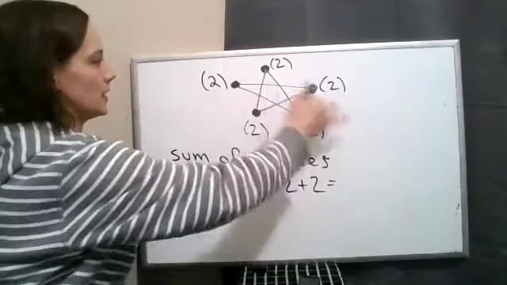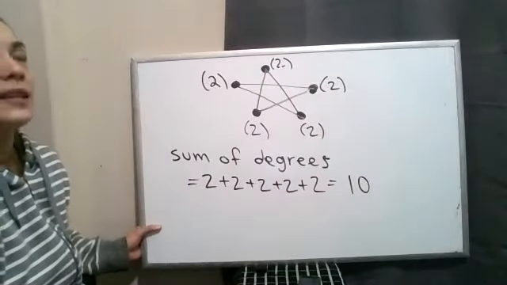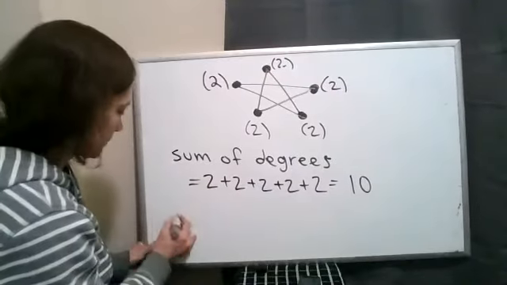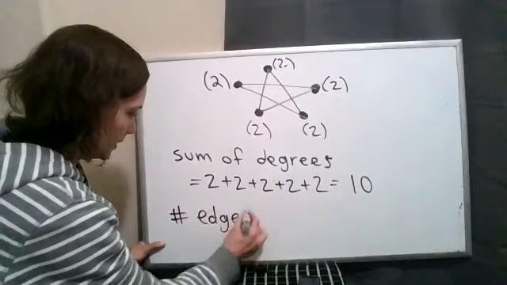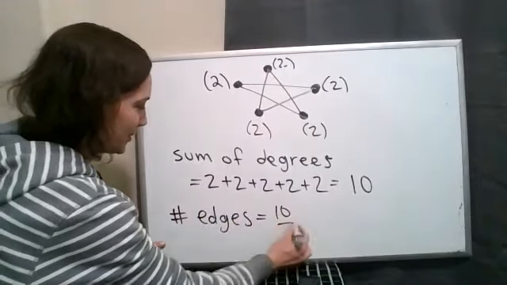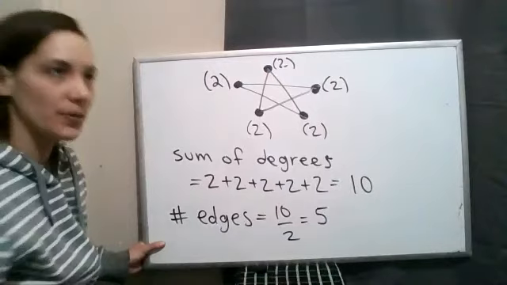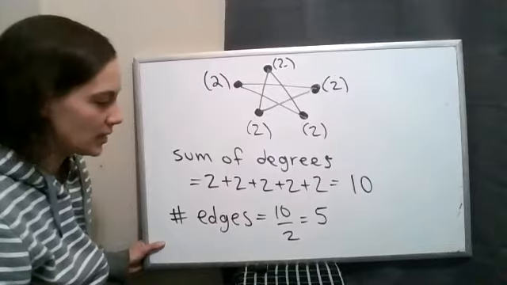We have 2, 4, 6, 8, 10. The number of edges is the sum of degrees divided by 2. It's going to be 5 edges, 5 connections. And this time, the connection is a handshake.